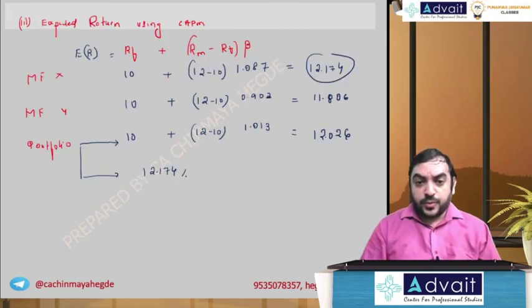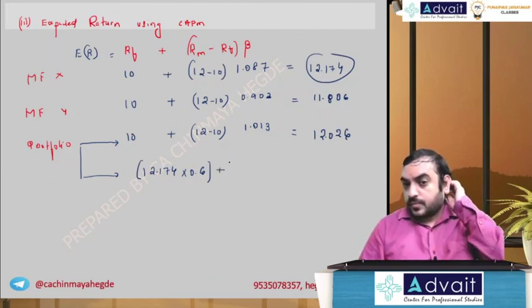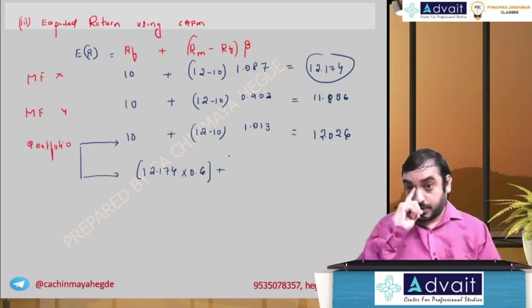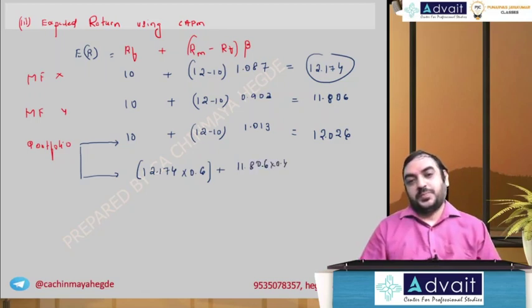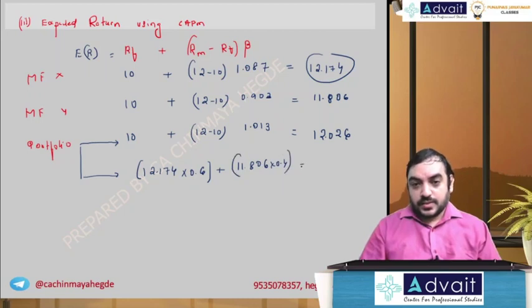So 12.174 into 0.6 plus 11.806 into 0.4, which will give you 12.026.